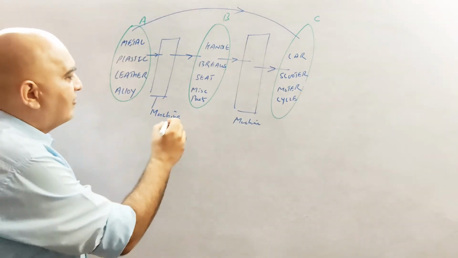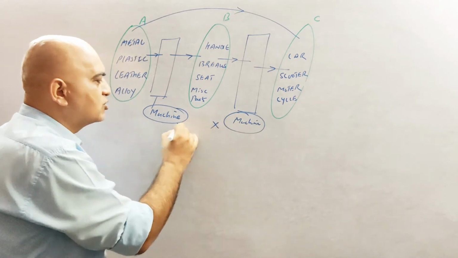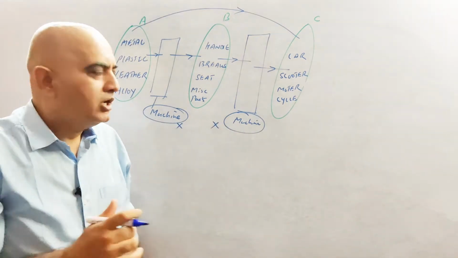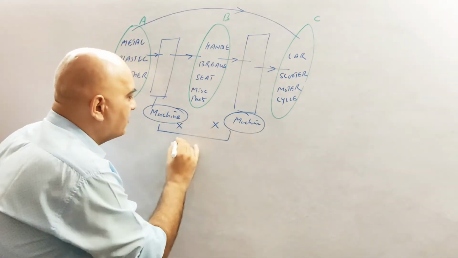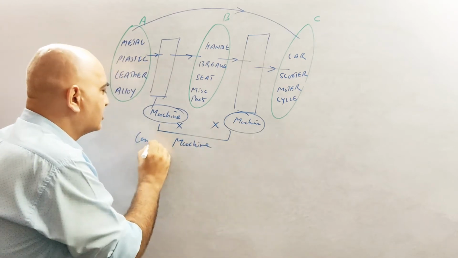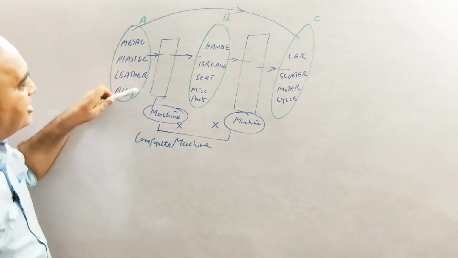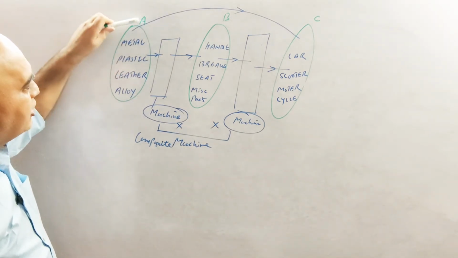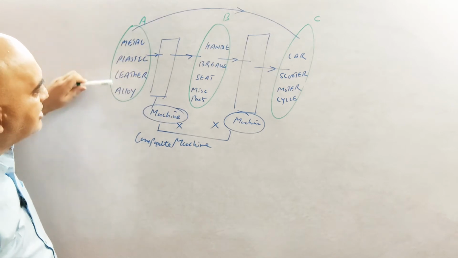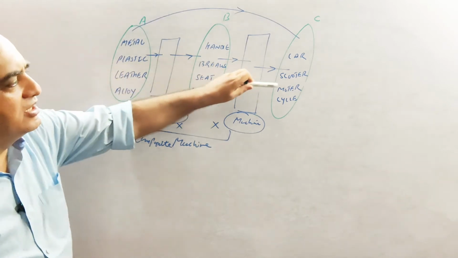It means we can eliminate these two machines and use one composite machine instead. We take these input variables and define a function between this input and this output.